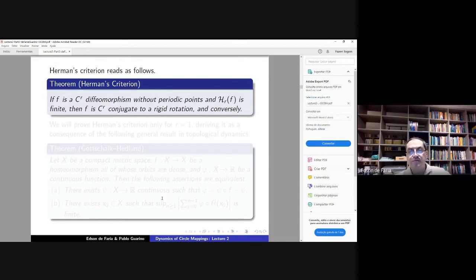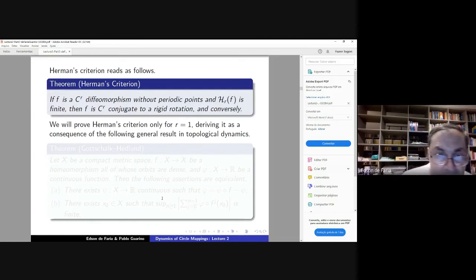The proof doesn't need that, so it works for rational rotation numbers as well. Of course, a map will only be conjugate to a rational rotation if it's actually a rational rotation, right? Well, sort of. So we will only prove this criterion for r equals 1, okay?